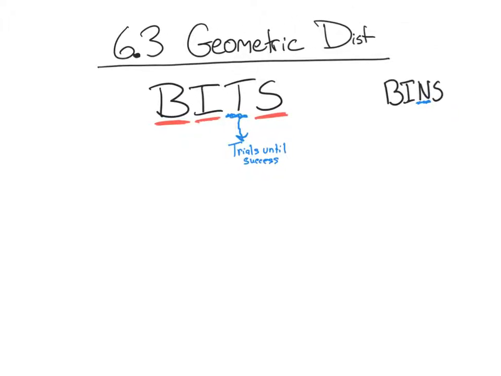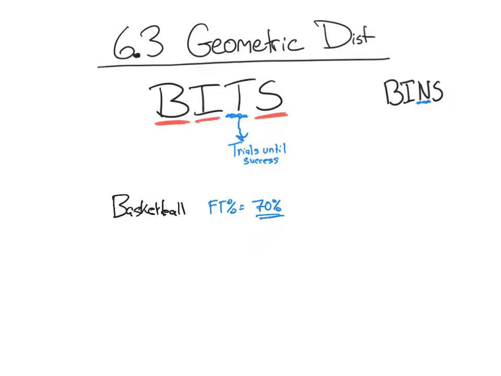Let's talk about what that actually looks like. Let's go back to a basketball problem. Let's say we're talking about that free throw shooter again, some free throw shooter with a free throw percentage of 70%.